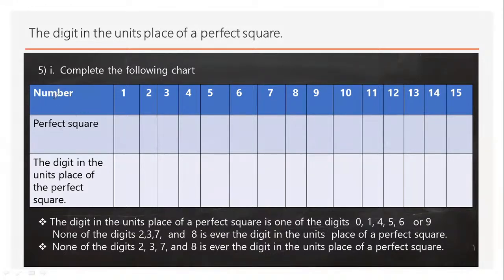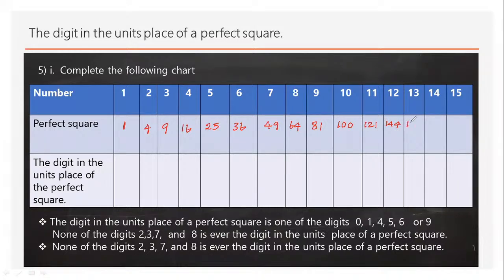You can see number 1, perfect square 1. 2 squared is 4. 3 squared is 9. 4 squared is 16. 5 squared is 25. 6 squared is 36. 7 times 7 is 49. 8 times 8 is 64. 9 times 9 is 81. 10 times 10 is 100. 11 times 11 is 121. 12 times 12 is 144.